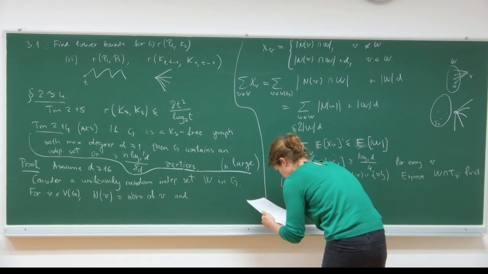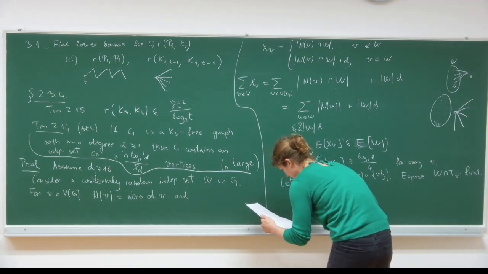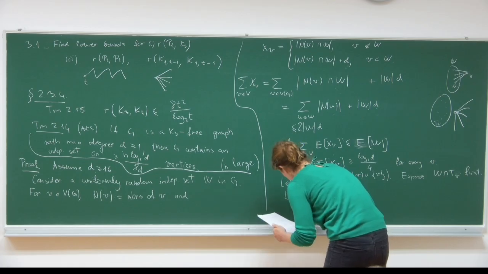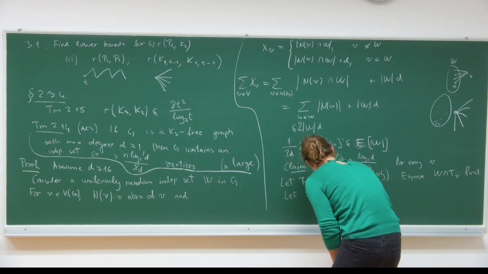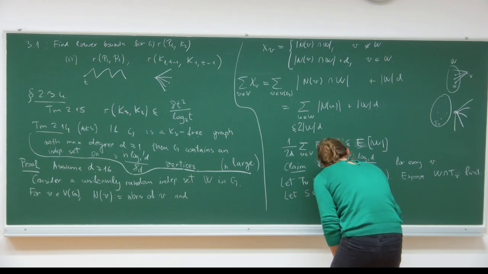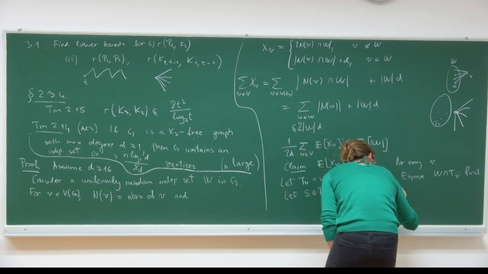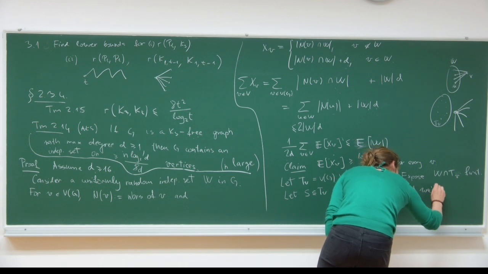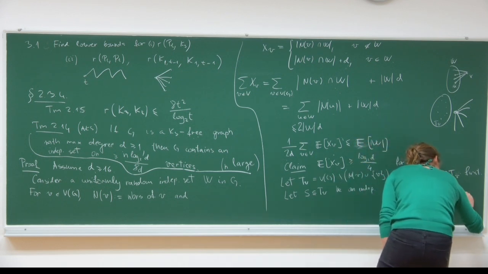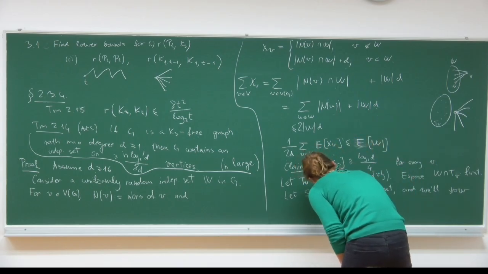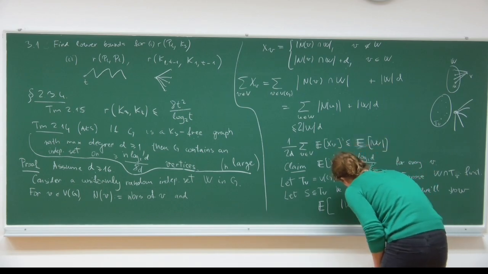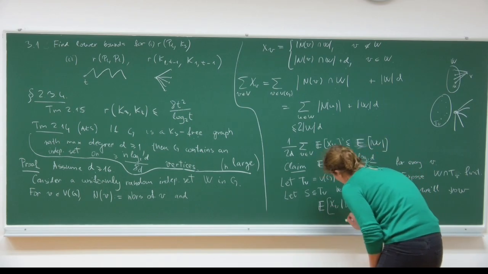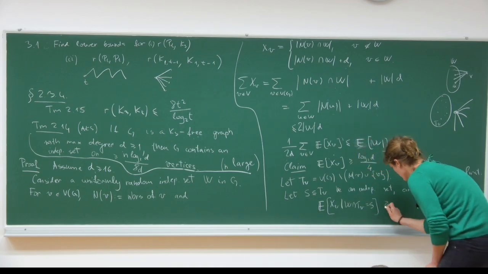Okay, so let S, a subset of TV, be an independent set, and we'll show that conditional on W intersect TV being exactly this S, the expected value of xv is still at least what we claim.